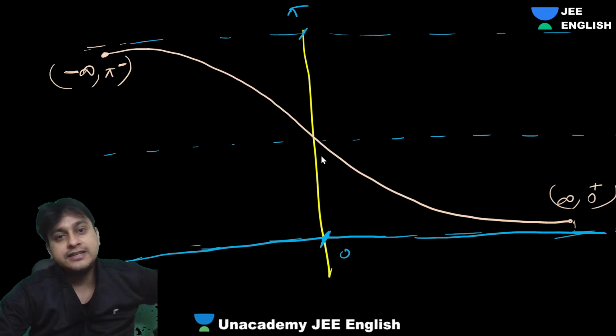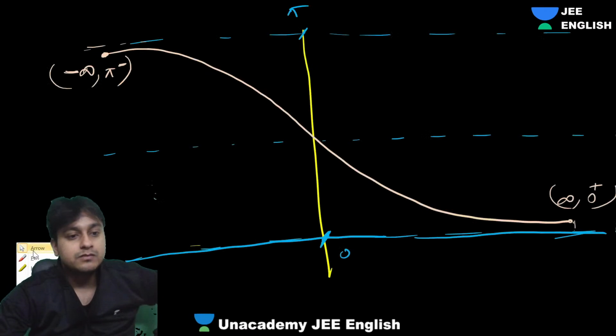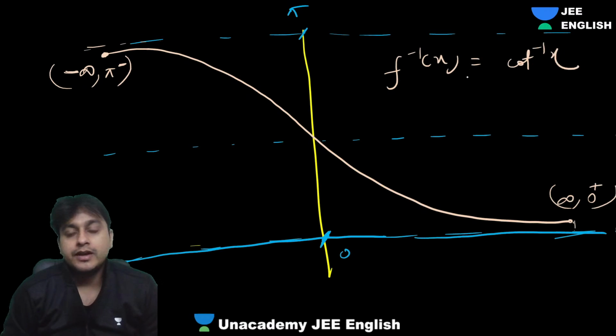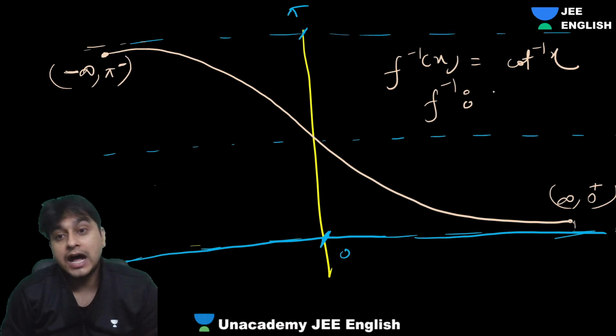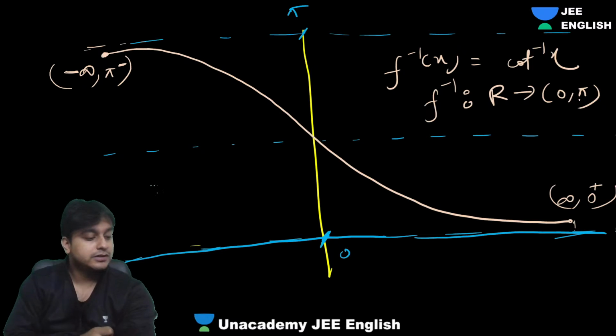Cot inverse. So guys, see here, you can see from the graph, f inverse x is what? F inverse x is cot inverse x. Okay. And we have f inverse going from where to where? The domain is R, and the range is open 0 to pi. Got it? Everyone understood? Right?